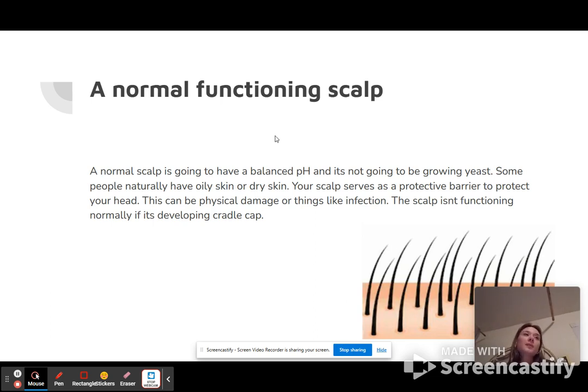So if something's not going right, there's going to be a signal, and your skin's going to do what it can to try to protect it. If it's not functioning normally, then things like cradle cap can happen, where buildup of oil is happening from those sebaceous glands on the outermost layer, and it's causing your scalp to be irritated, and the dead cells are going to dry up and stuff like that.